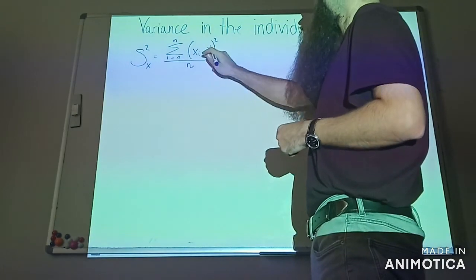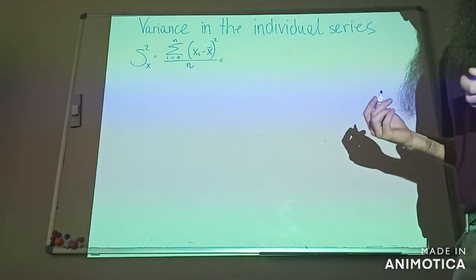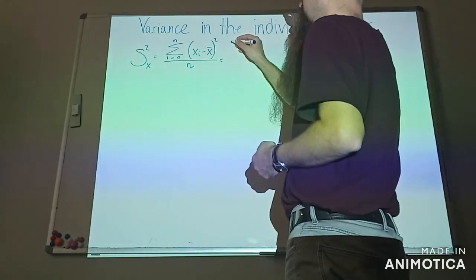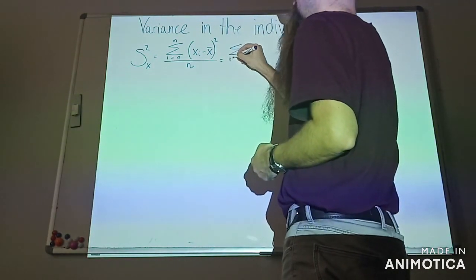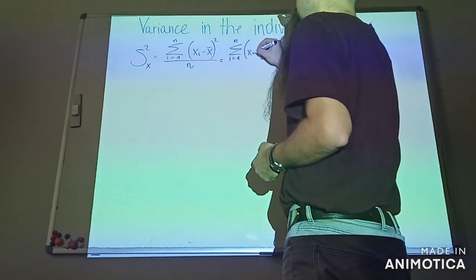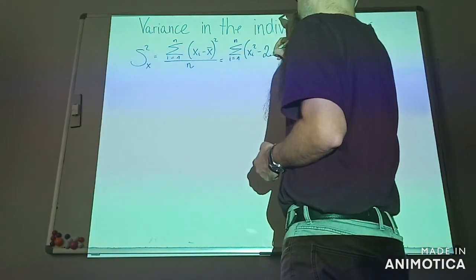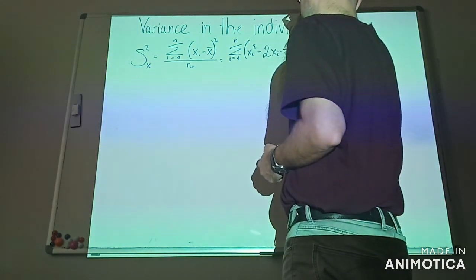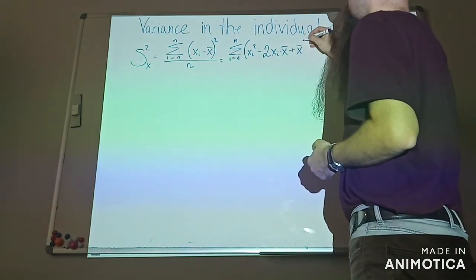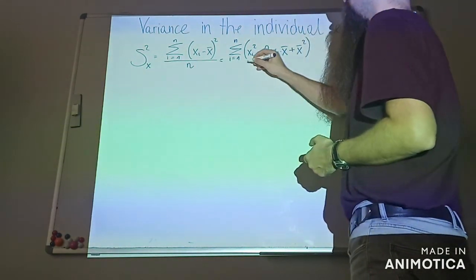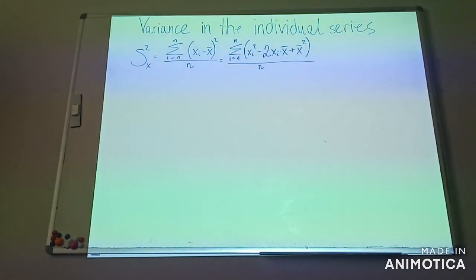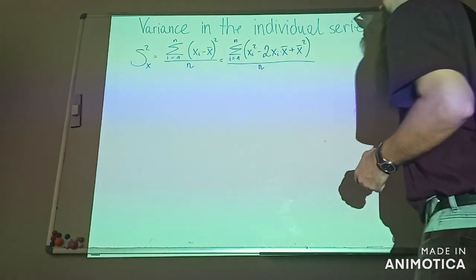We can expand this operator of the sum using the short multiplication formula, and we will receive the sum from i equal 1 up to n of xi squared minus 2xi multiplied by x mean plus mean value squared. And we of course divide this operator of the sum by n.